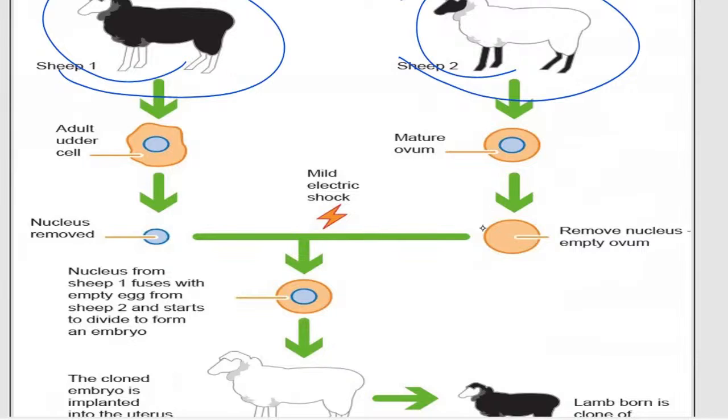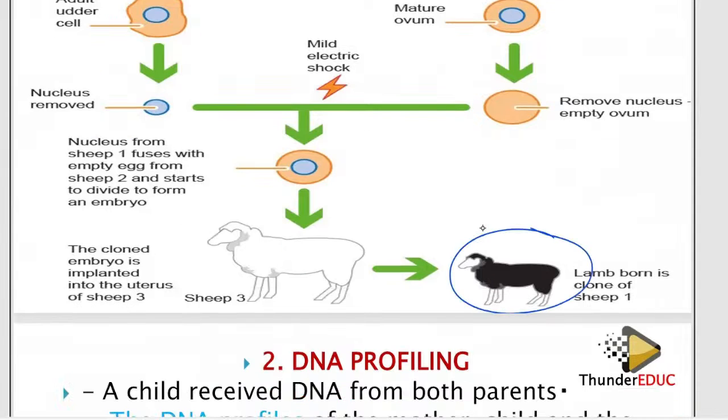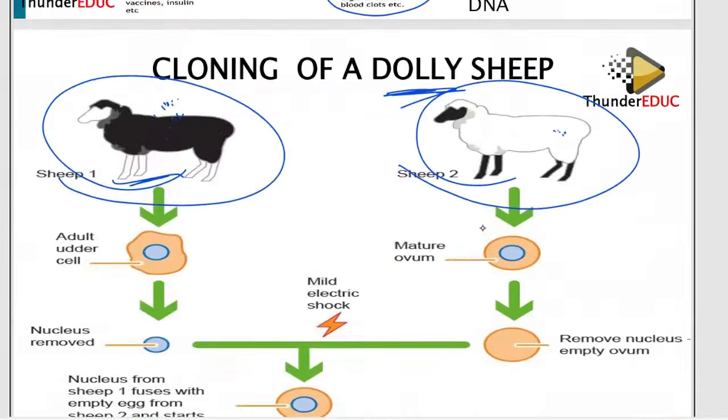For example, if I want to use sheep 2 to produce sheep 2, the DNA which I want must come from sheep 2. If I want to clone sheep 1, the DNA to be used must come from sheep 1. So in this case, I want to clone sheep 1 because at the end the product looks like sheep 1.